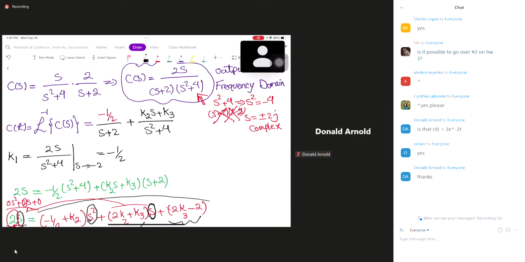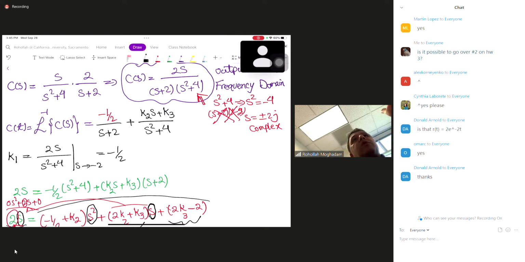So three cases that we covered in the partial fraction expansion. First, the roots are real and distinct. We worked on many problems on that. Second, the roots are real and repeated.